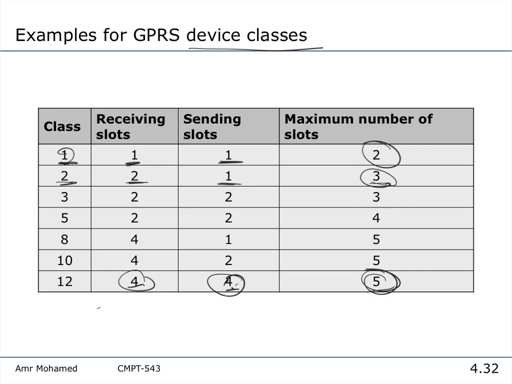You have a question? Yes, I don't understand why sometimes the receiving slots and the sending slots are different. They should be the same, they are using the same. No, why? You know ADSL, for example? In many services, by the way, we try to have the download speed higher than the upload speed. Even if it's the same channel, it's still different.